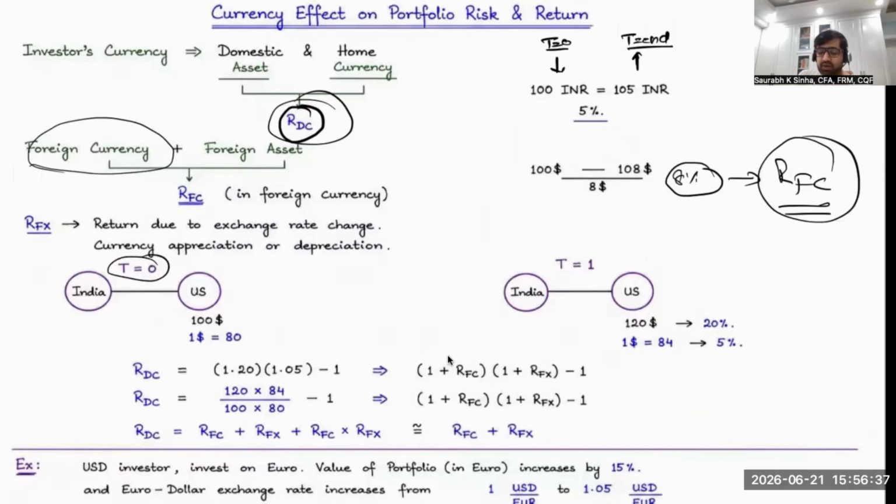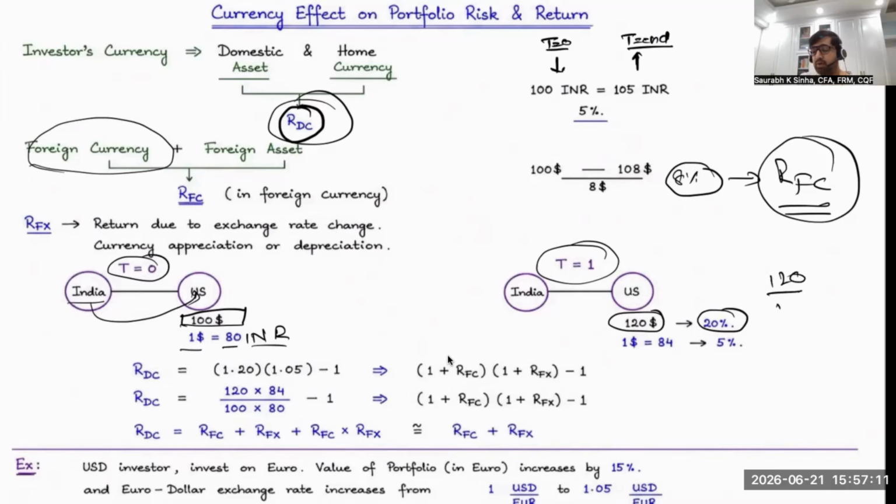At t equal to 0, an Indian investor invested in a US asset with an initial value of $100. At the time of purchase, $1 was 80 INR. After 1 year, the US asset's value increased by $20, and the final value was $120. So the return is simply 120 upon 100 minus 1, which is 20%.